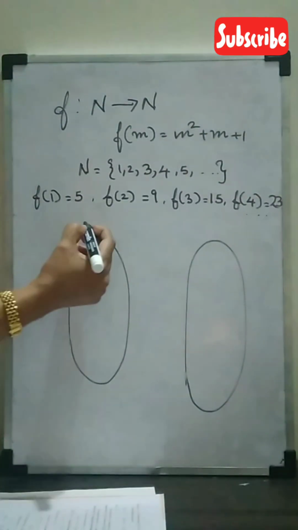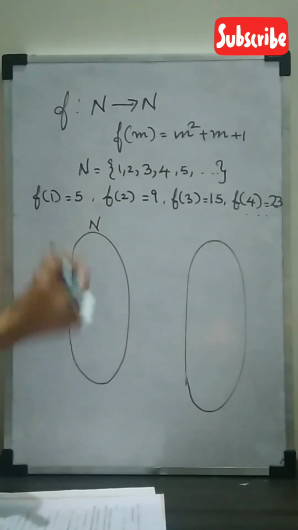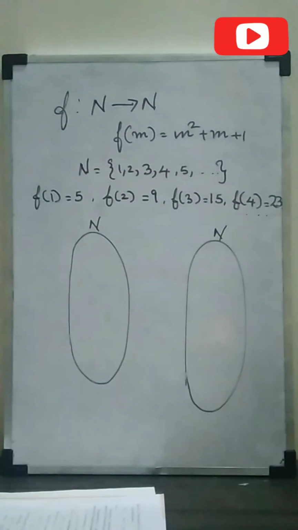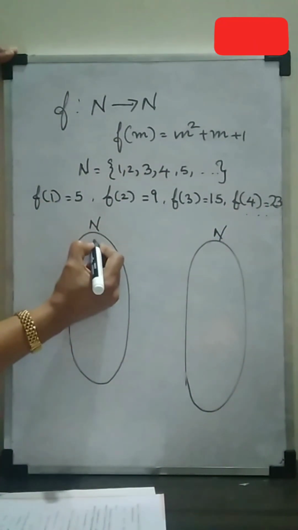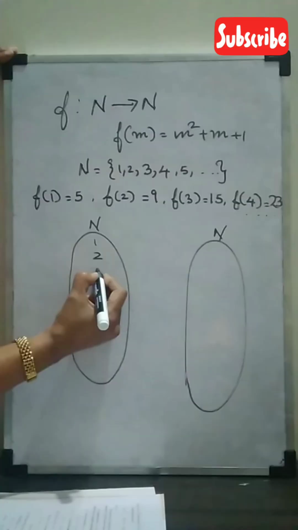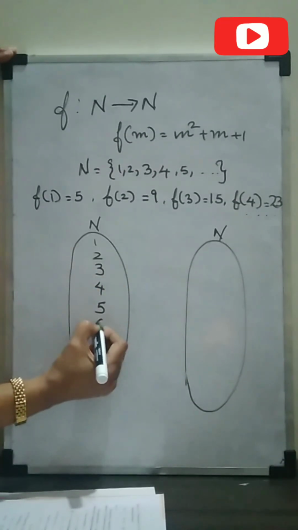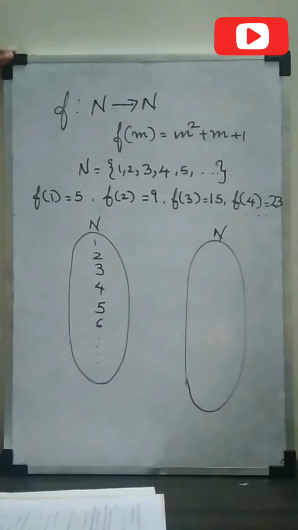So this is our domain, that is natural numbers, and this is our codomain, அதுவும் natural numbers தான். Okay, so என்னென்ன வரும்? 1, 2, 3, 4, 5, 6, etc. and so on.